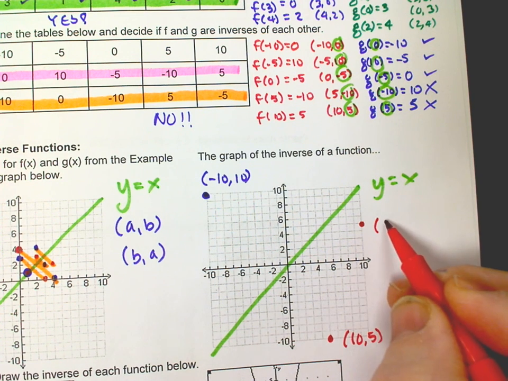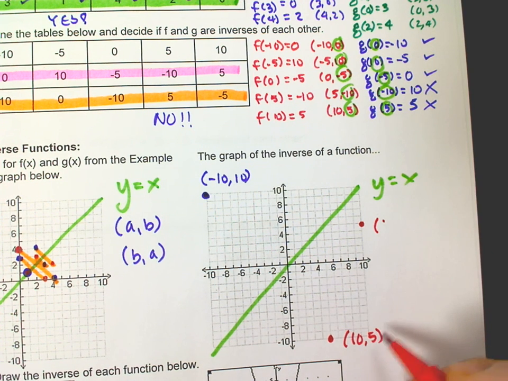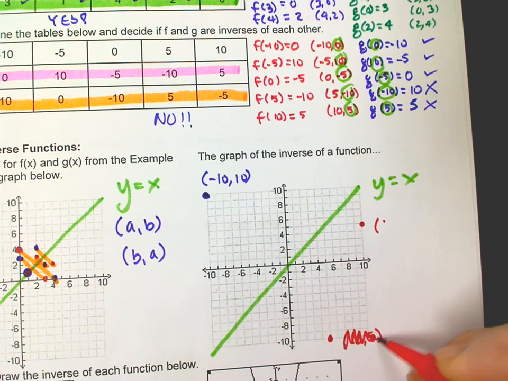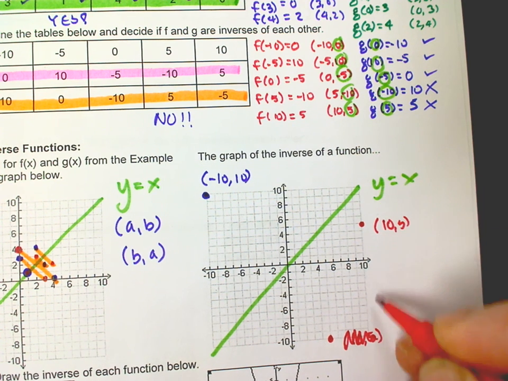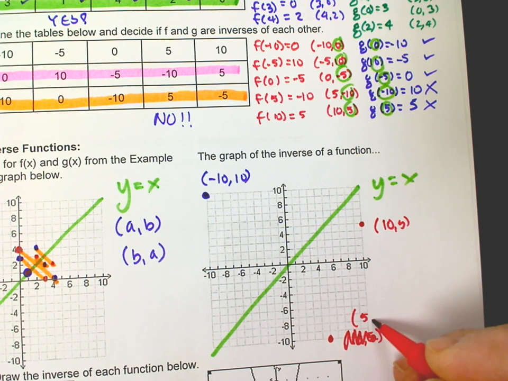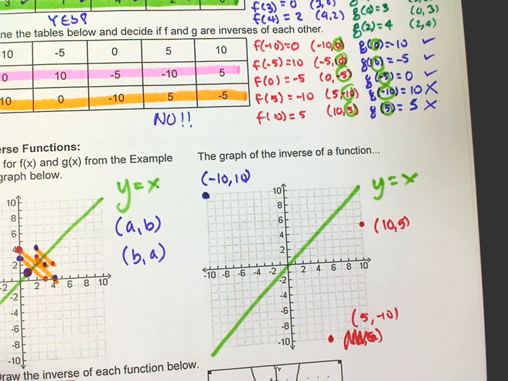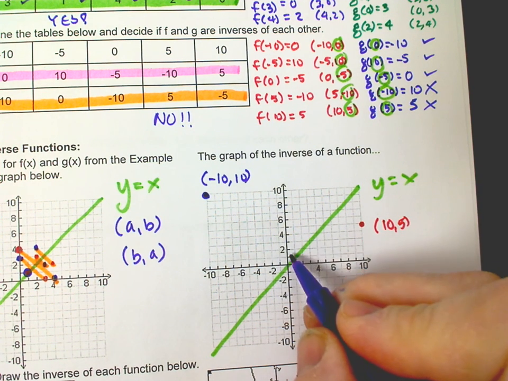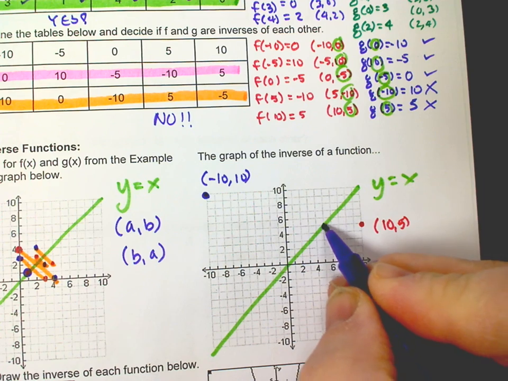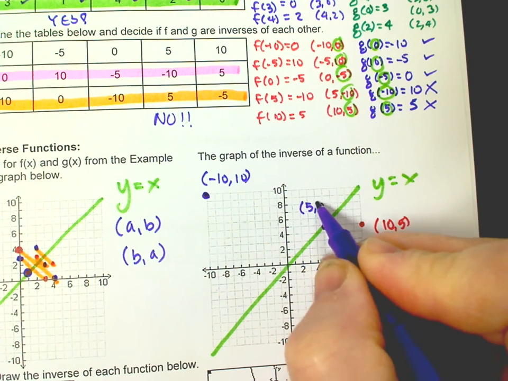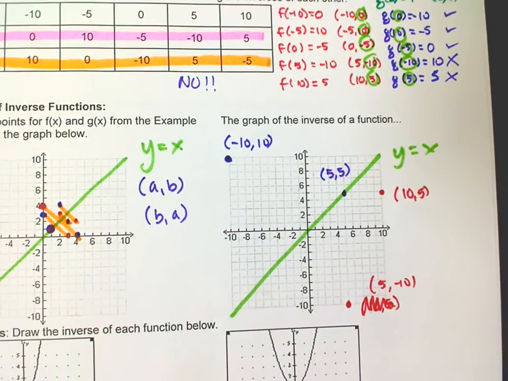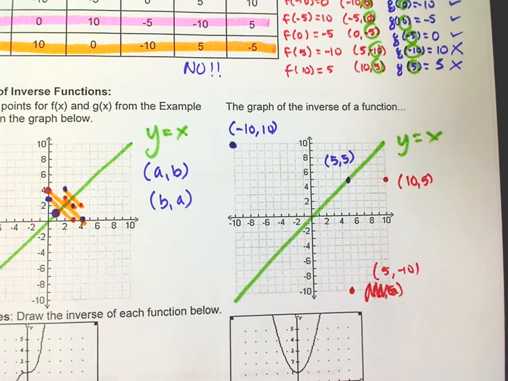This one was 10, 5. This one was the 5, negative 10. 10, 5, and we were over here at 5, 5, which is on the line of reflection. You can see that none of these really line up at all.